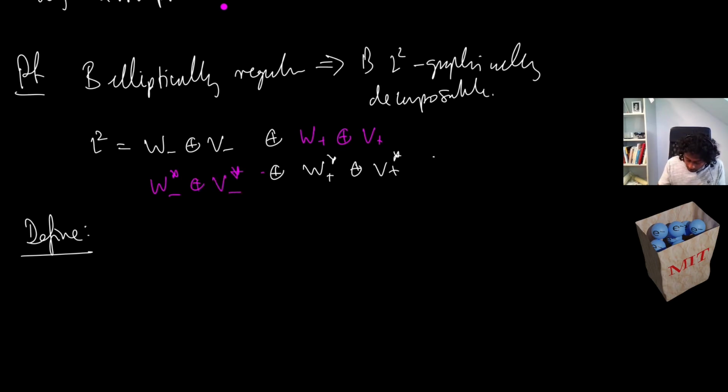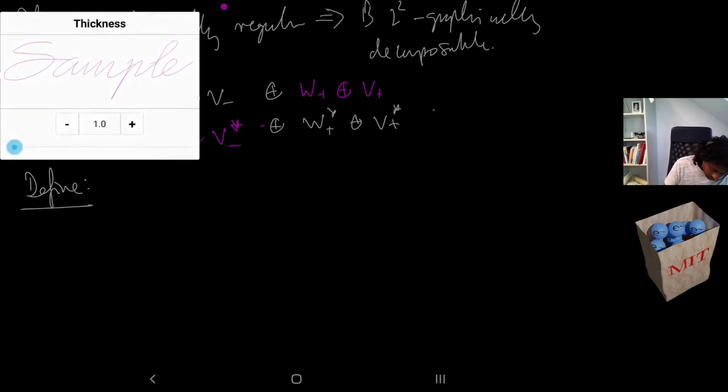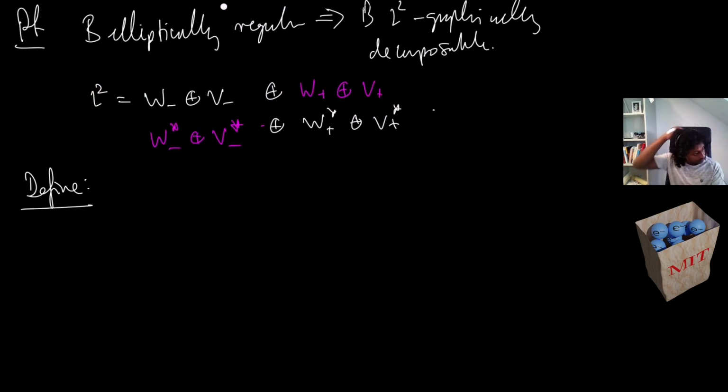And then we're going to use projectors to push between these spaces. So we obtain the remaining spaces by using the adjoint projectors. Let's see how that works.